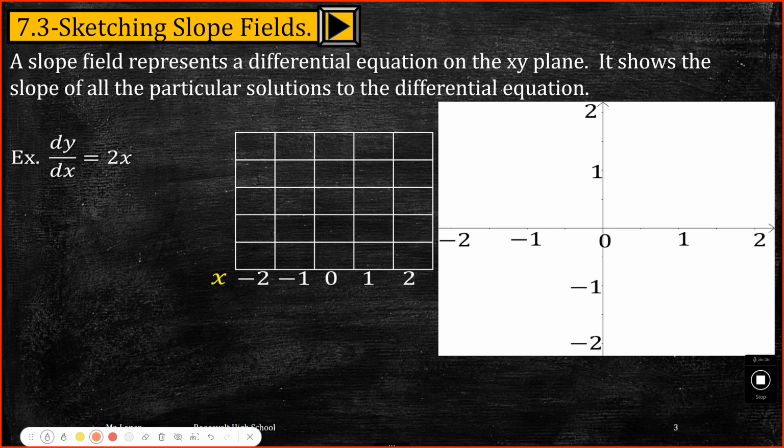Let's say that x is those numbers, and we're going to graph x is -2. Well, this represents the graph right here. And then the y is going to go from -2 to 2. So we're going to get these numbers. That will be the slopes at those particular points.